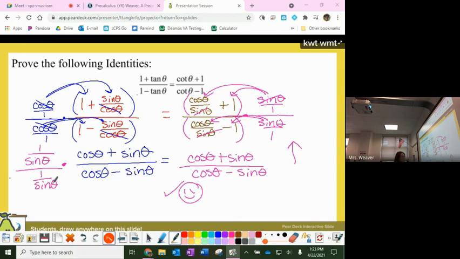Because when I do that, if I distribute to the first term, that gives me cosine theta over sine theta. When I distribute to the second term, that gives me plus sine theta over sine theta.